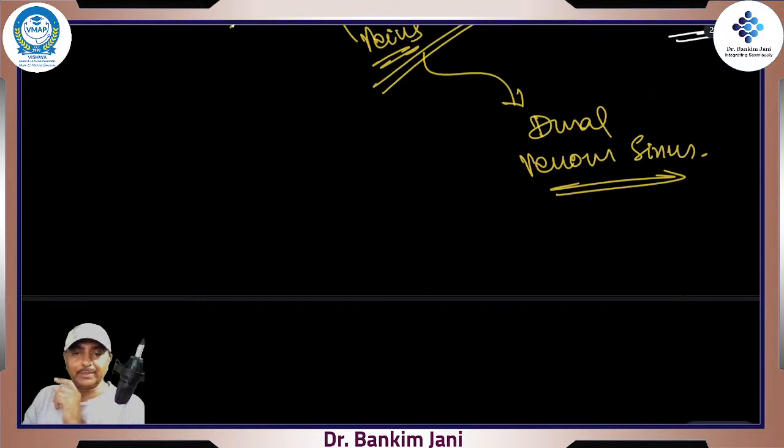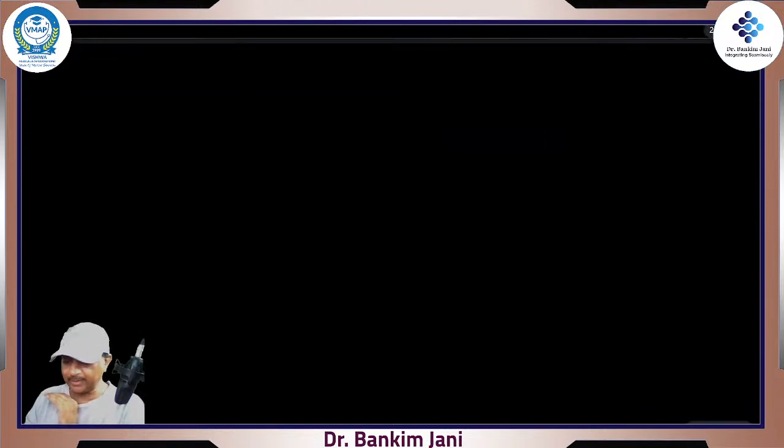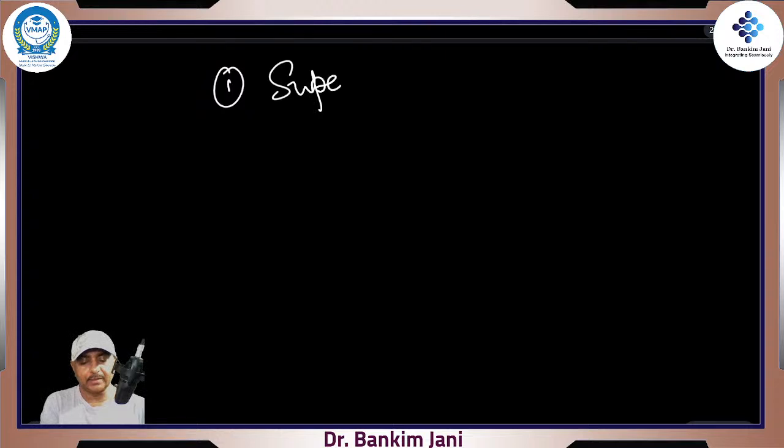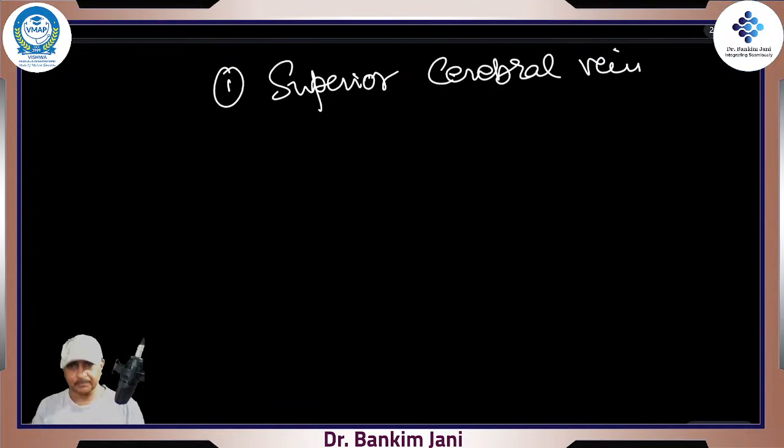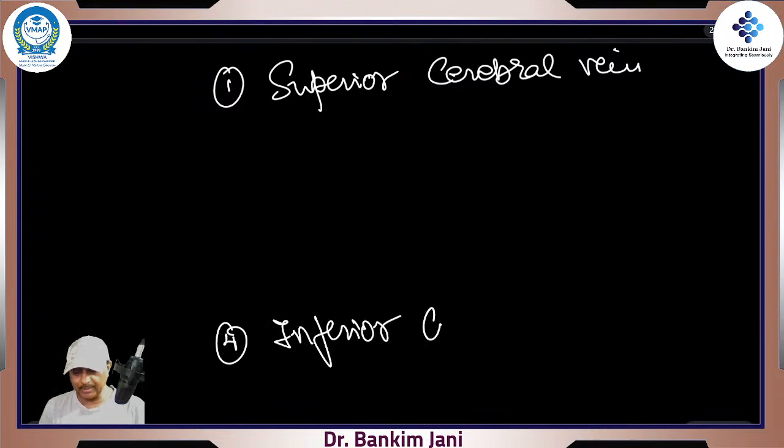In the dural venous sinuses, which vessels do we need to take care of? Which are the major veins? One, superior cerebral vein, right? And if that is superior, there has to be one called the inferior cerebral vein. Remember, now we are dealing with the veins.